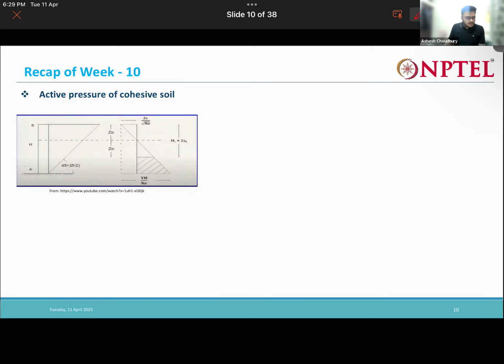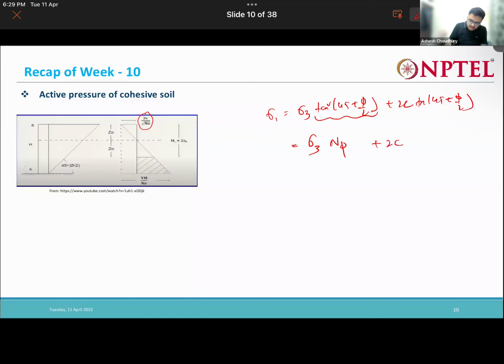So now the next case is our cohesive soils. In cohesive soils, we have this twice C part. So sigma 1 equals sigma 3 N phi plus 2C root over N phi, where N phi is tan square of 45 plus phi by 2, we are writing this term as N phi. In active condition, sigma 1 is vertical.